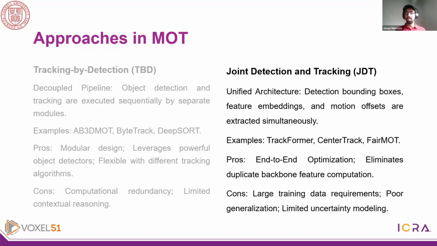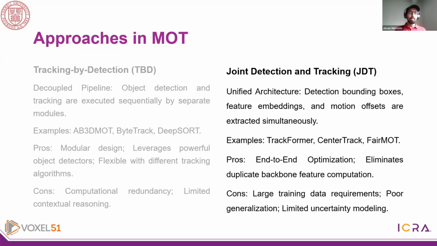The cons are you need large-scale training data since we are doing this end-to-end, a lot of times it tends to generalize poorly, and since it's an end-to-end learning-based framework, there is limited uncertainty modeling.